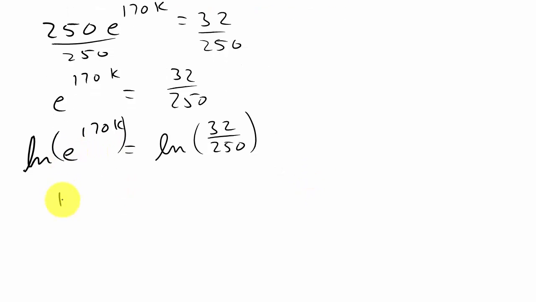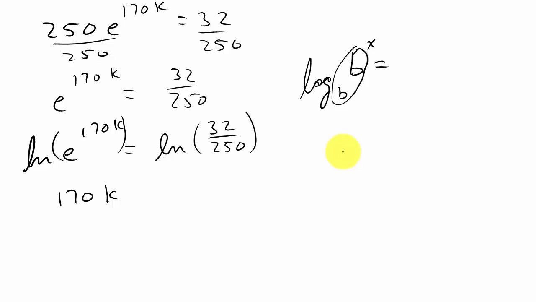So over here, I just get 170k. Now, to refresh your memory, remember if you have the log base b of b to the x, when the base on your exponent and the base of the log are the same, your answer is just your exponent.